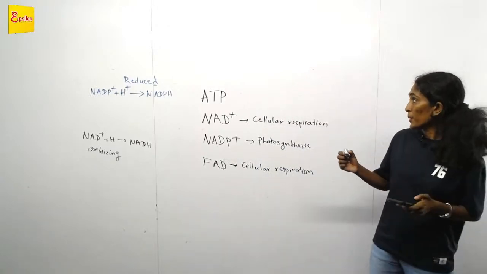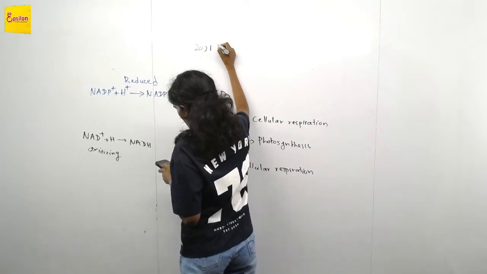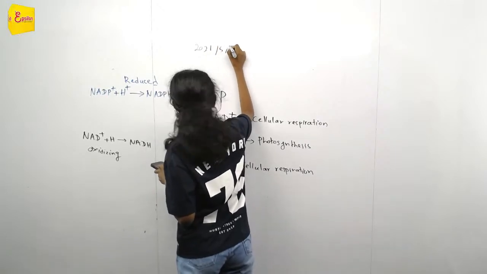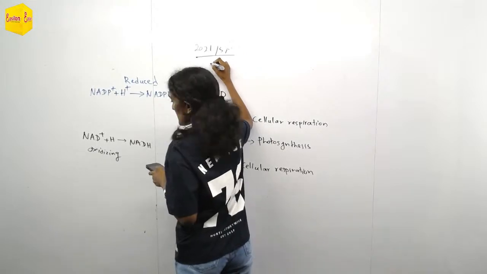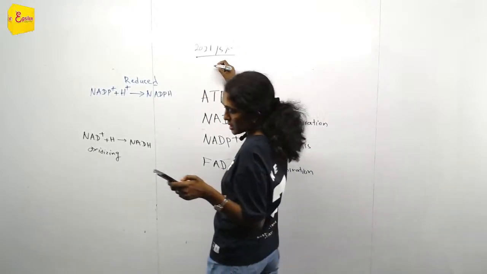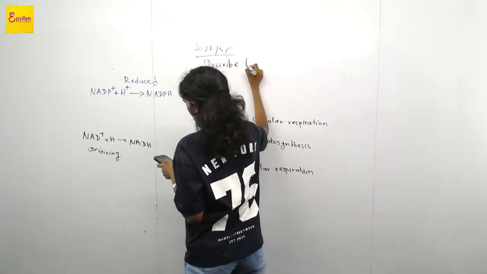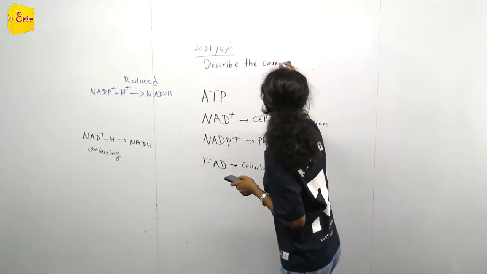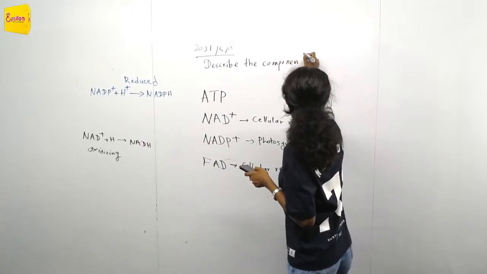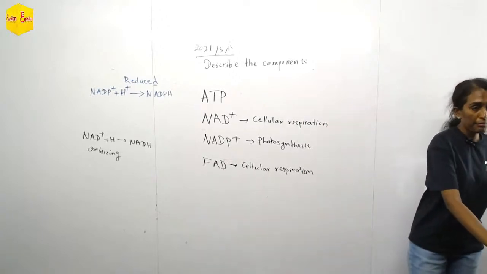This is 2021, don't look at the answer and write. Question number 5, part A. This is the first part of the previous question on the DNA molecule, right? Describe the components of nucleotides, and explain how nucleotides form the backbone of DNA. This is not a direct question that we wrote before.